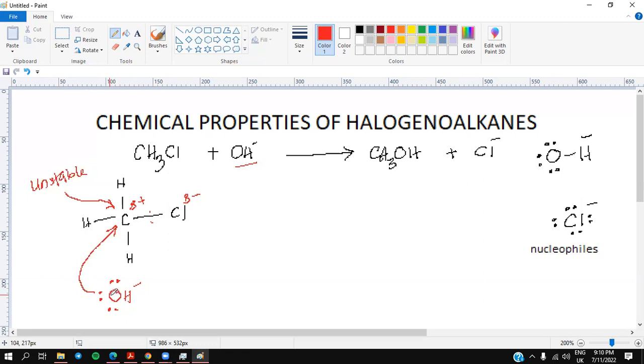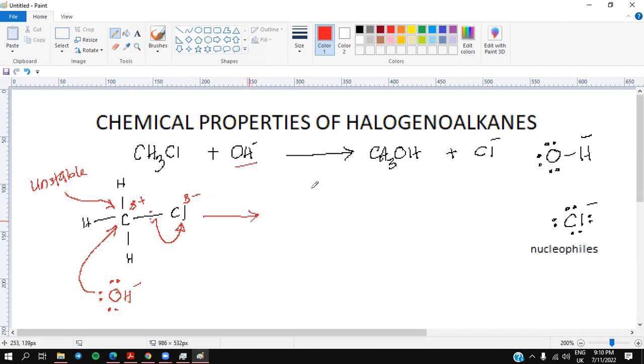When this oxygen gives a pair of electrons to carbon, carbon already has 4 bonds. When this OH makes a new bond, carbon is going to have 5 bonds. It will be again unstable. So when OH negative gives electrons to this unstable carbon center, this carbon-chlorine bond is going to break, and the pair of electrons in the bond are given to the chlorine atom.